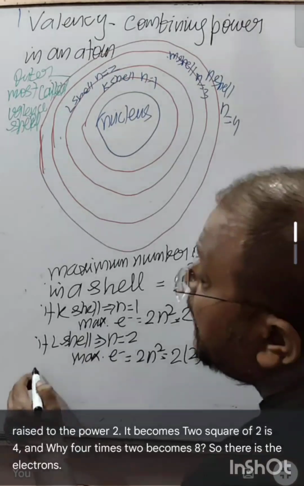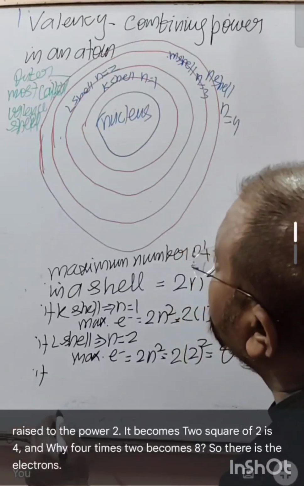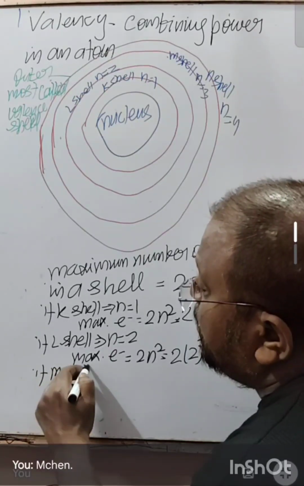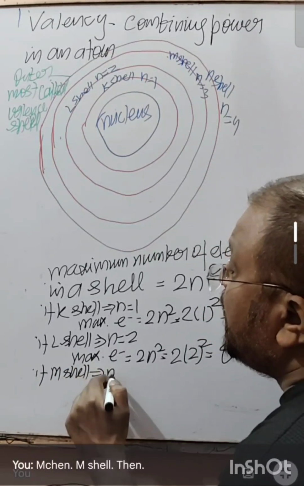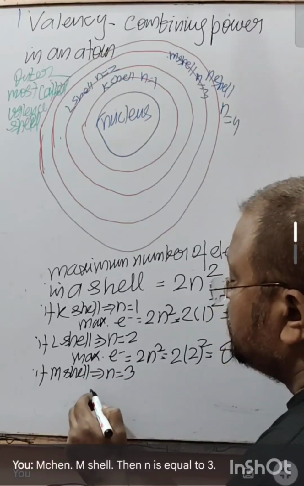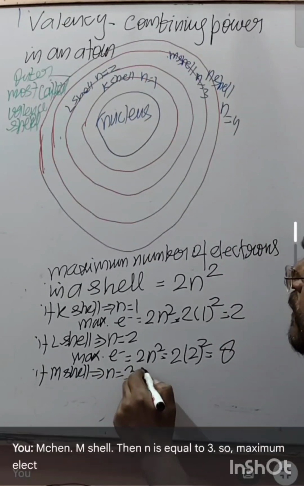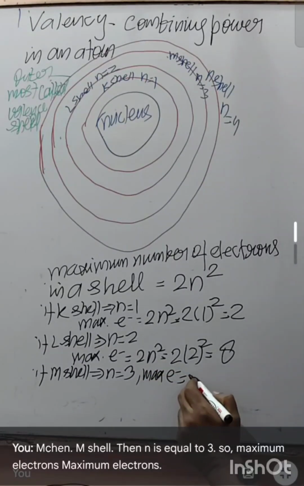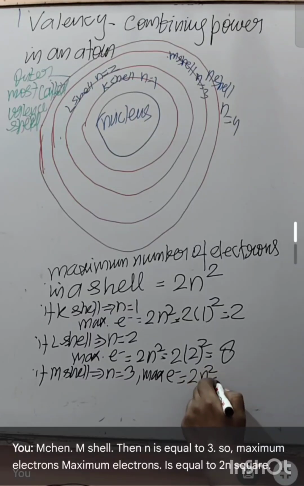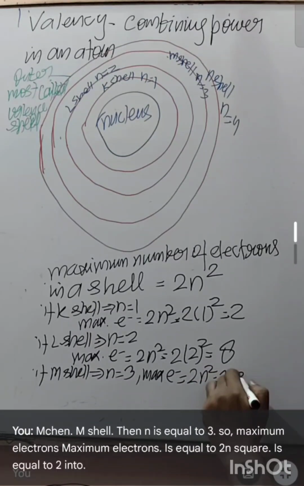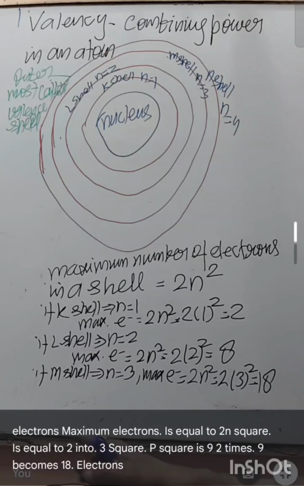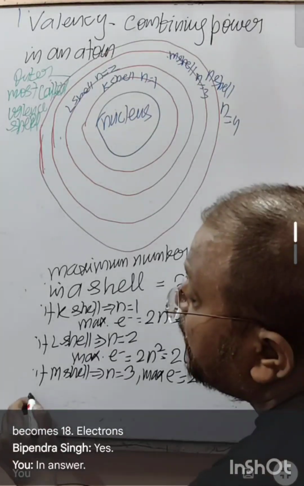And if M shell, then n is equal to 3. So maximum electrons is 2n square is equal to 2 into 3 square. 3 square is 9. 2 times 9 becomes 18 electrons in the M shell.